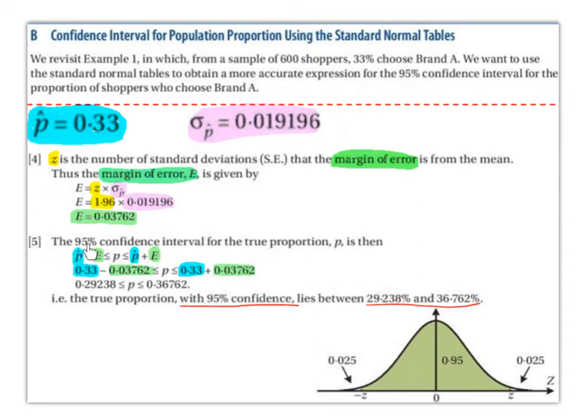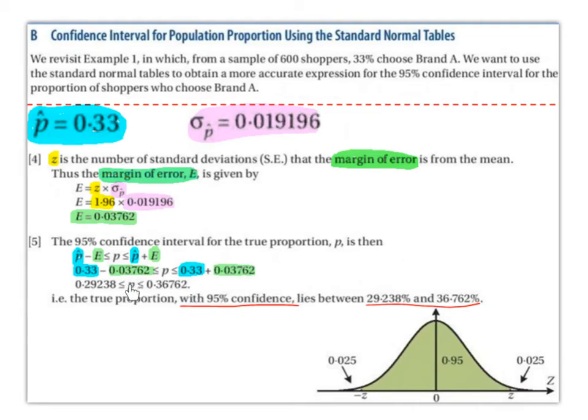Step 5. The 95% confidence interval for the true proportion P is then P hat minus E, the margin of error, P hat plus E, the margin of error. So again, P hat is 0.33 minus the new margin of error, which is 0.03762, and 0.33 plus 0.03762. So subtracting, we get 0.29238, and adding, we get 0.36762.